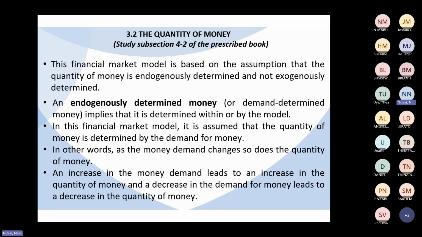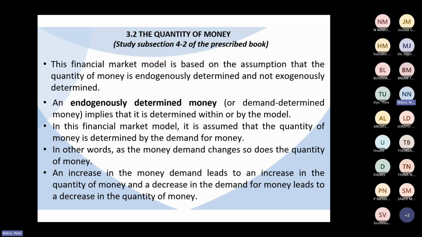We need to understand what endogenously determined money means, which is also known as demand determined money. This implies that money is determined within the model or by the model.